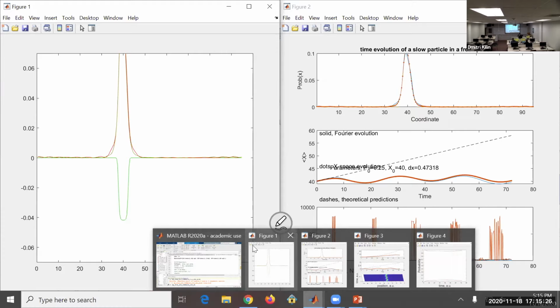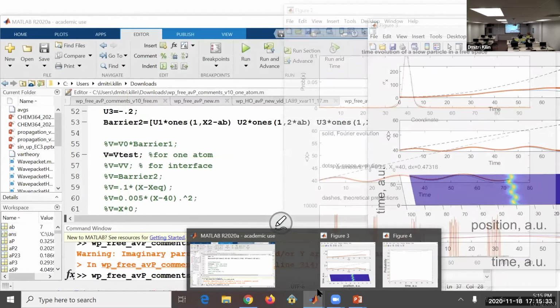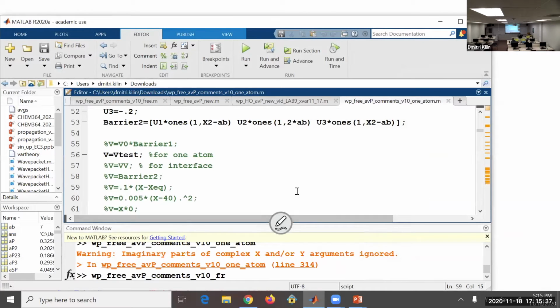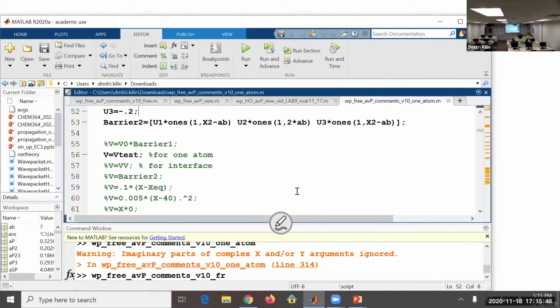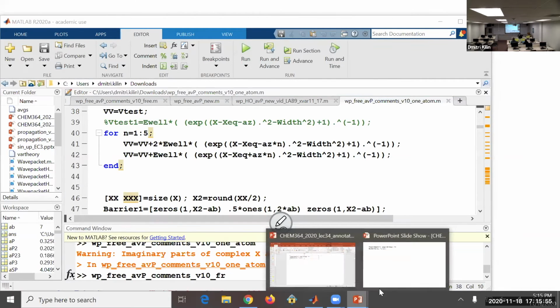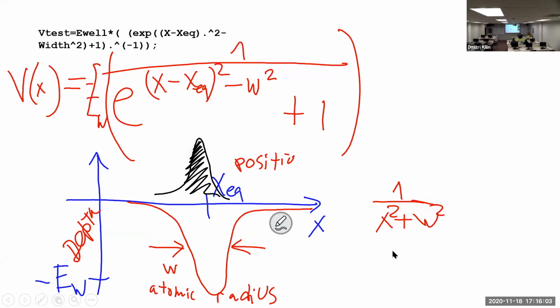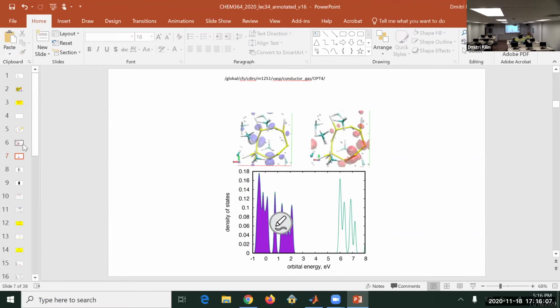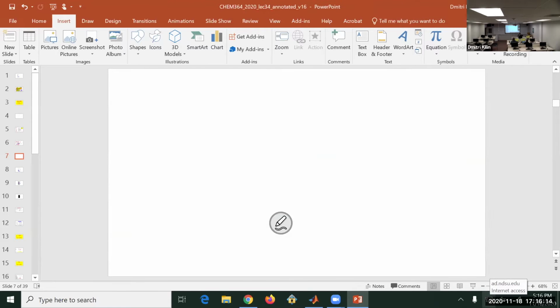So let's check how we can modify it to take several atoms.